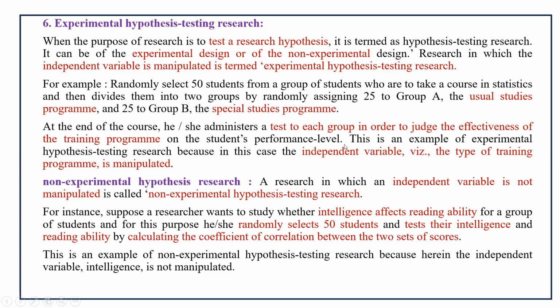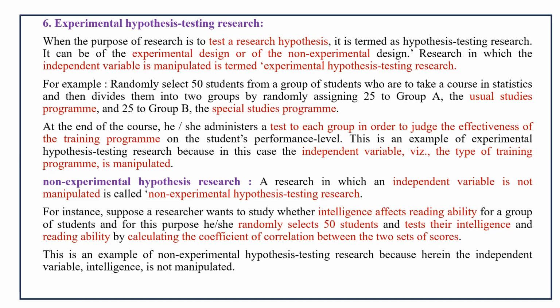Now let them study, and after a particular period, 6 months or 1 year, you are going to test each group in order to judge the effectiveness of the training program. For that, you will take some test or exam, and with the results of the exam, you will find out which group has performed the best. Now, this is an example of experimental hypothesis-testing research.